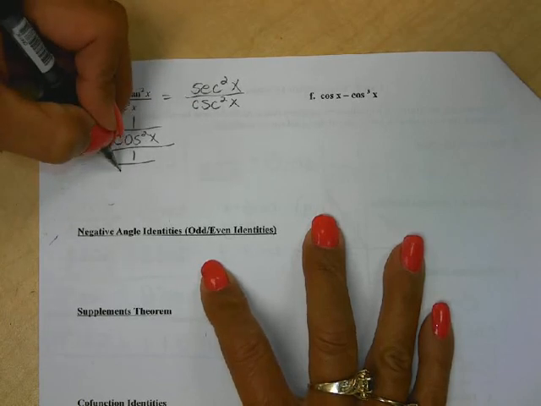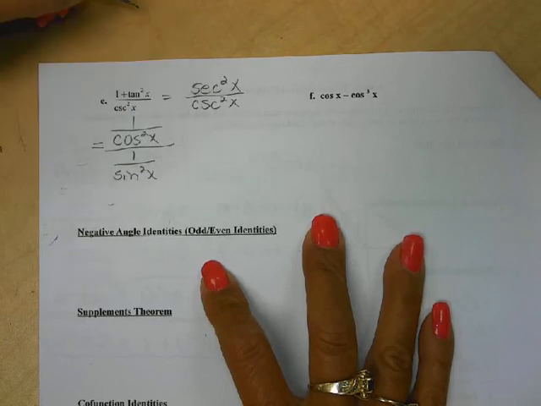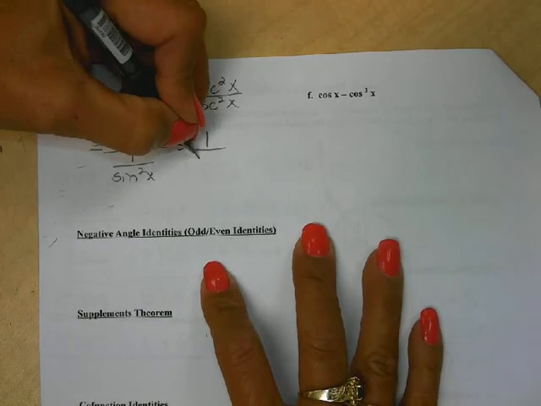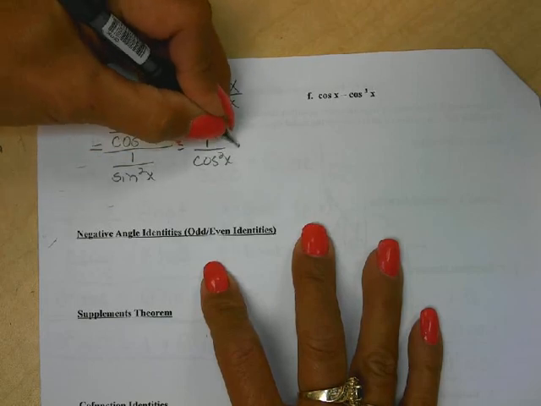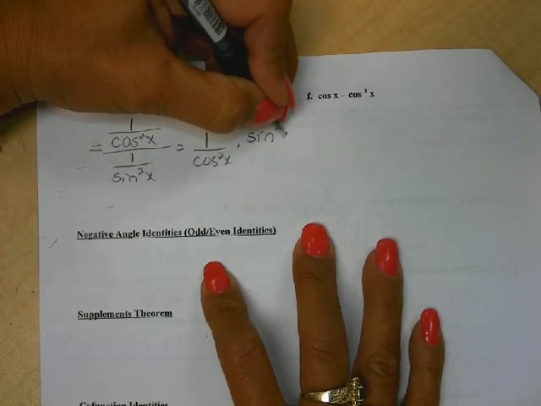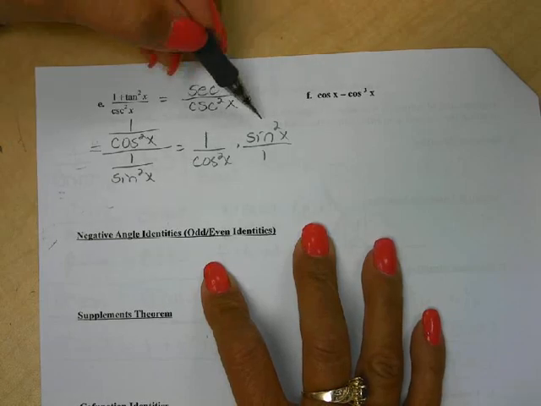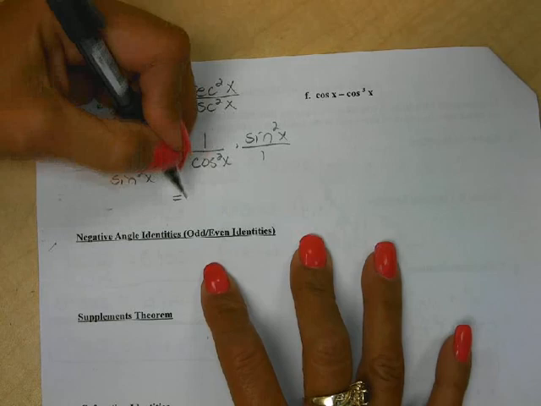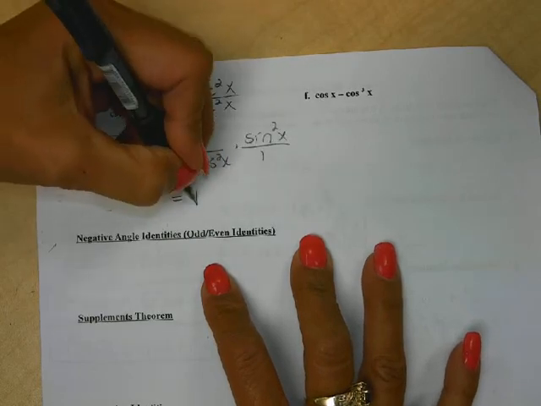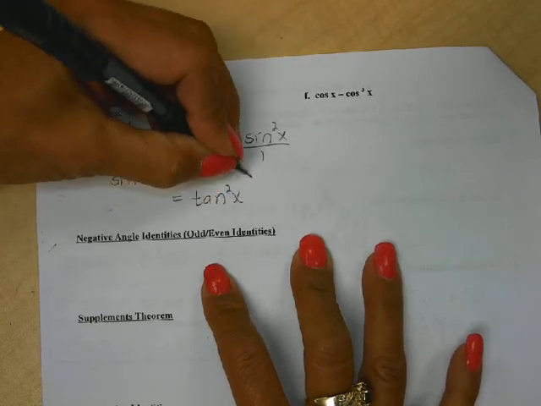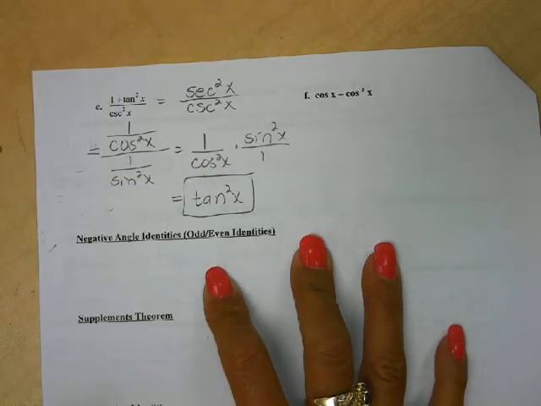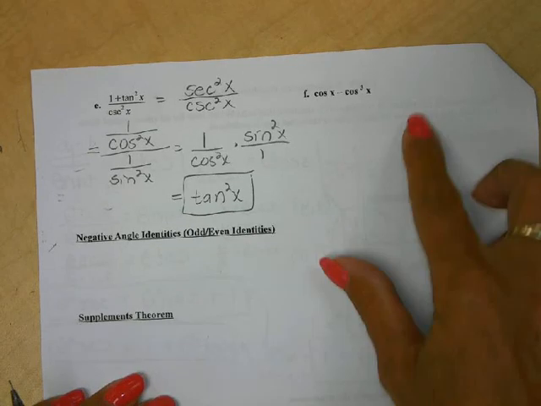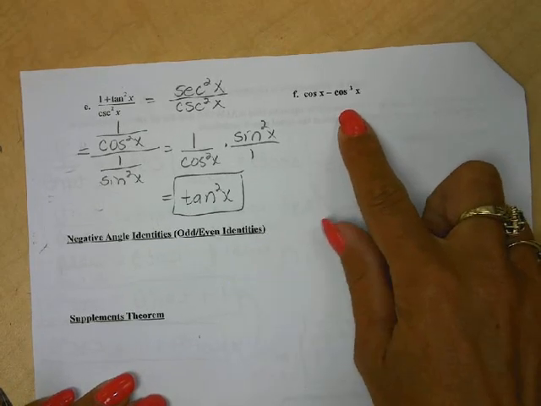Now, the secant squared of x is equivalent to, by the reciprocal identity, 1 over cosine squared of x, and the cosecant squared of x is equivalent to 1 over sine squared of x. So now we have a complex fraction, but that's no problem. We can invert and multiply. And we'd have sine squared of x over cosine squared of x, which ends up equaling tangent squared of x.